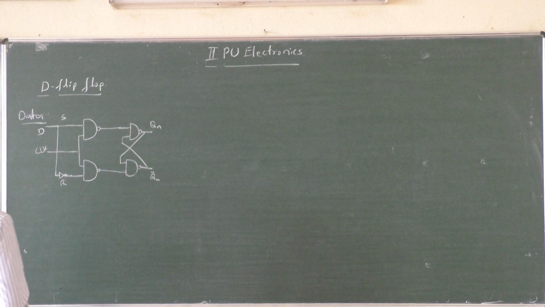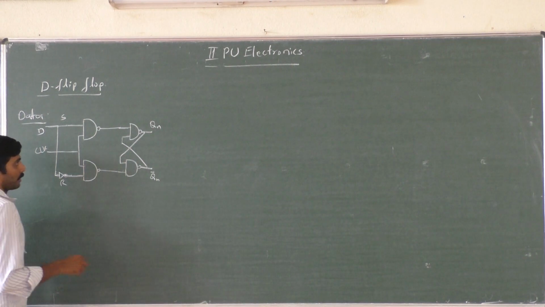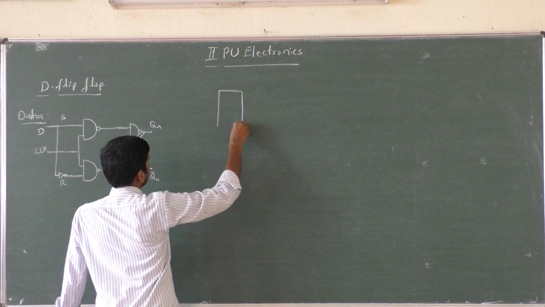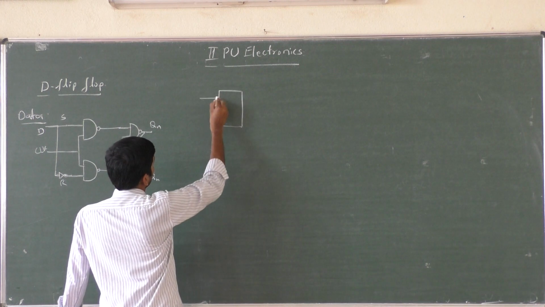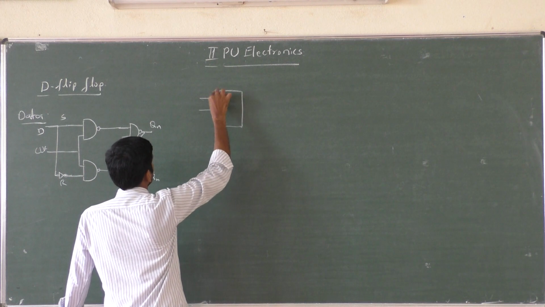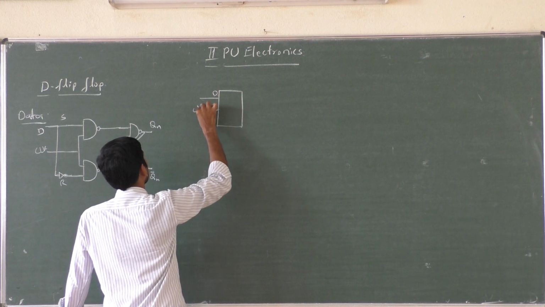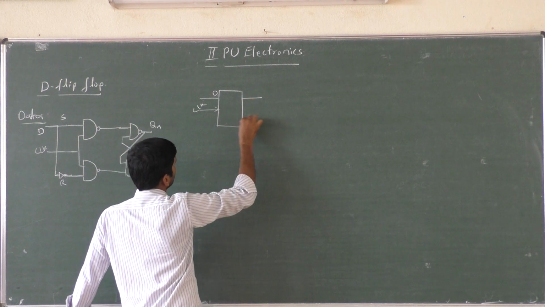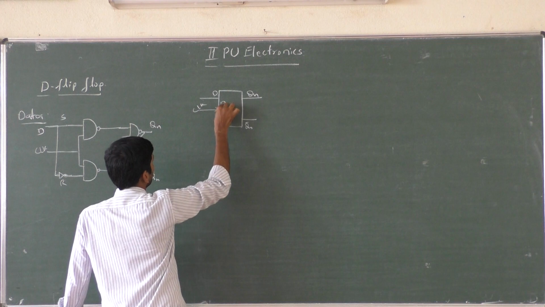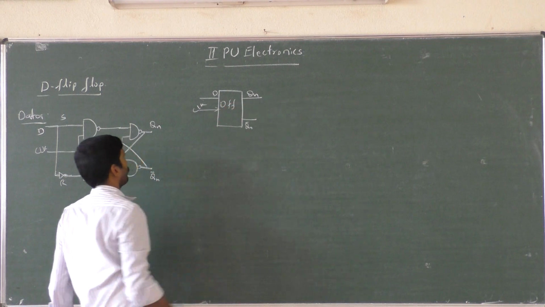Now, its block diagram is like this. While writing the block diagram of clocked SR flip-flop, we have 3 inputs here, including clock. So this is the block diagram.